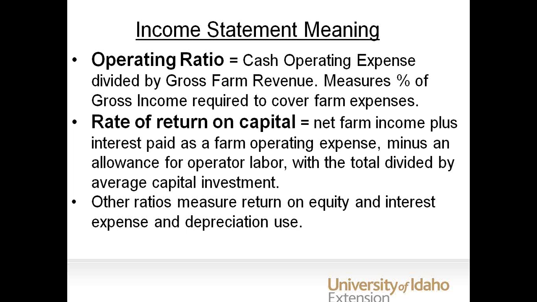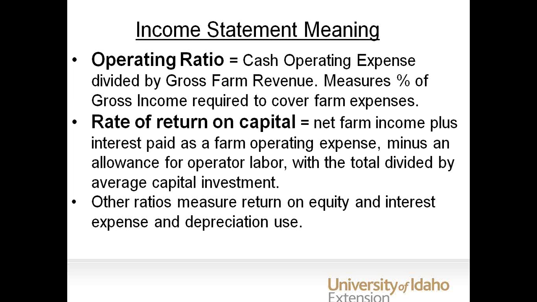It pretty much is just a measurement of how much of the gross farm income is involved in covering the cash operating expenses. It gives an indication of the intensity of the operation as far as cash needs.